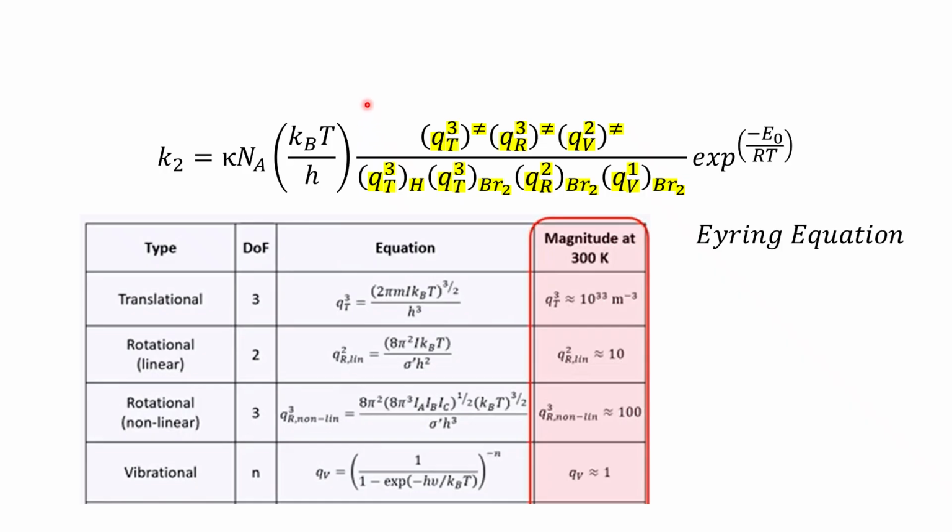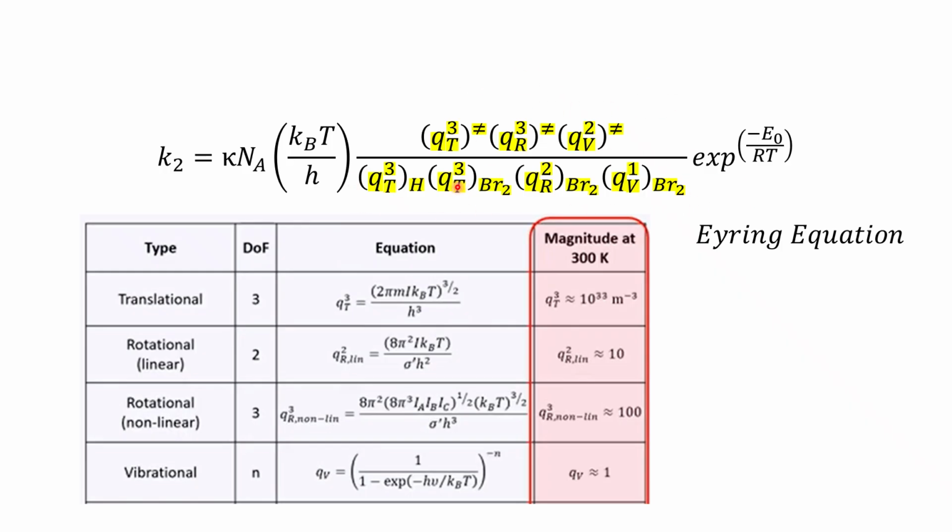We can now write the full Eyring equation for the bimolecular rate constant K2 in terms of the specific partition functions calculated in the previous slide, using the superscript to clearly show the degrees of freedom involved. By carefully inspecting the ratio, we can see how the structure of the transition state relates to the reactant.